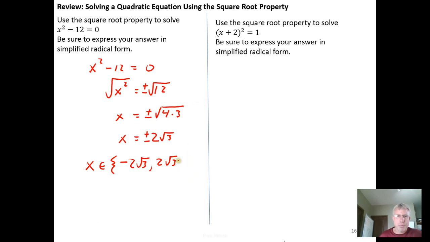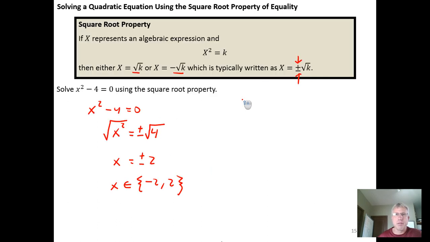So one more example. Here I have x plus 2 quantity squared equaling 1. When I have a situation like this, where I have an algebraic expression squared, it doesn't have to be the variable little x, it can be an expression that's being squared.